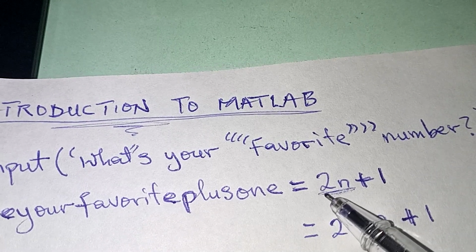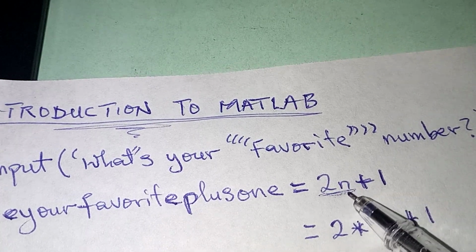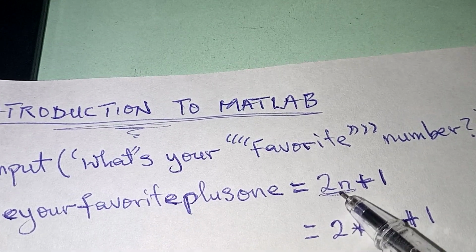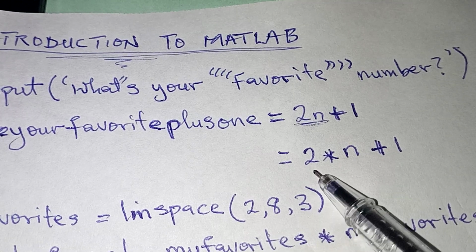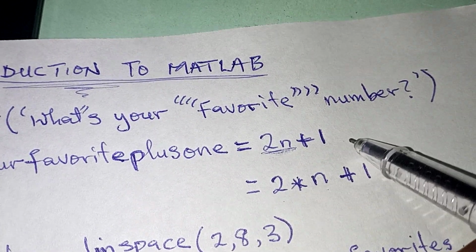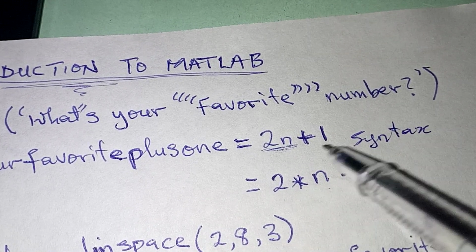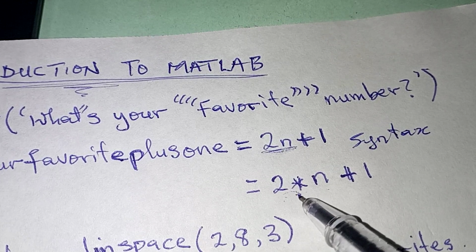For the fact that you've not declared this symbolic variable n, it will not run, it will give an error. Instead, it sees it as 2 times n, and this type of error is called a syntax error. That is, you just omitted this sign for it.